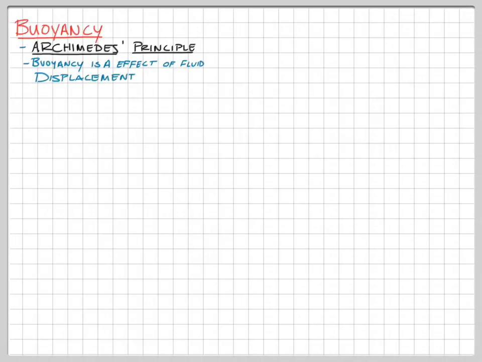So if you jump into the water, you push all of the water out of the way. Buoyancy is the water pushing back up on you to get you out. So the way we say that is the buoyant force is equal to the weight of the displaced fluid.